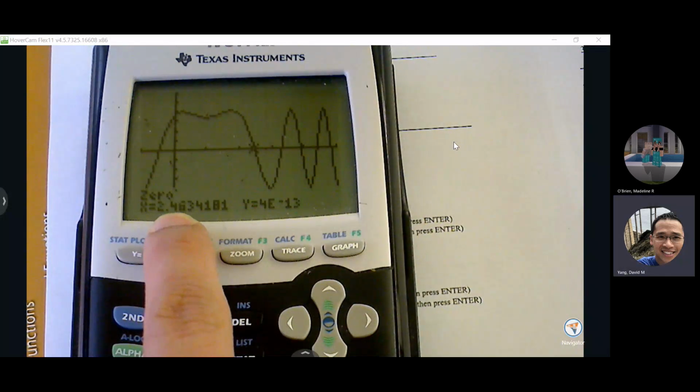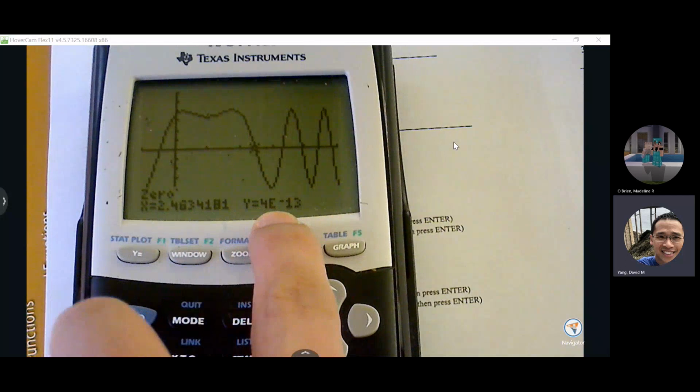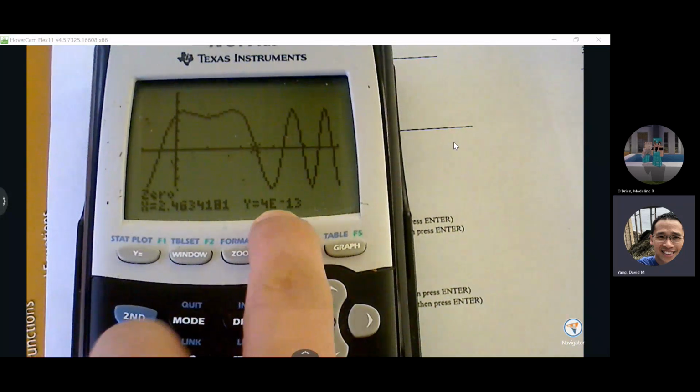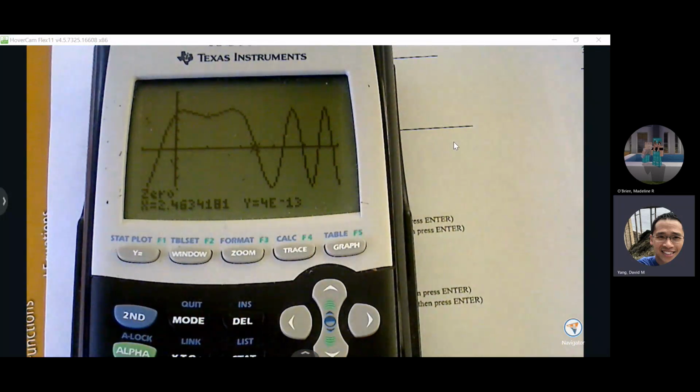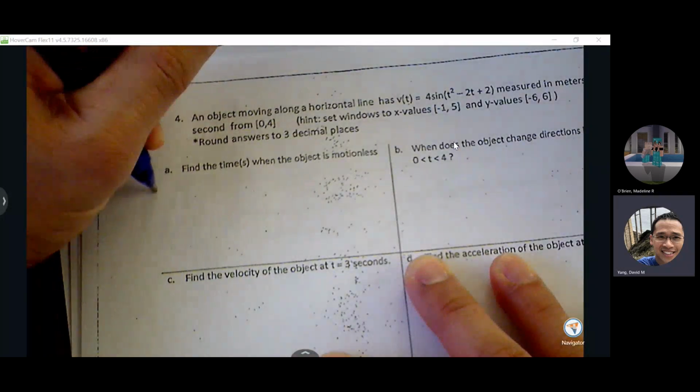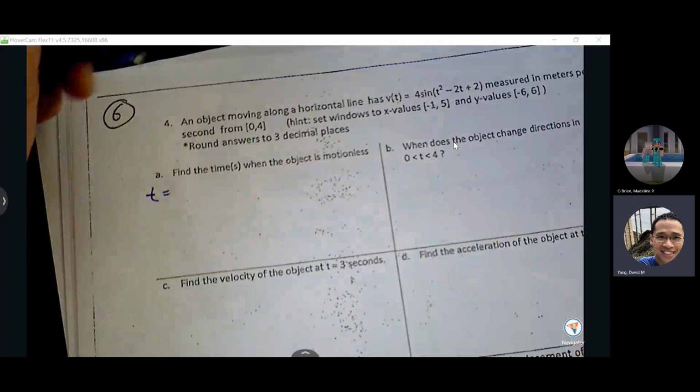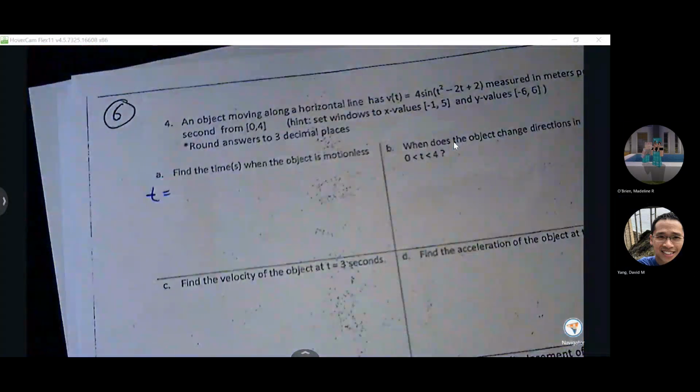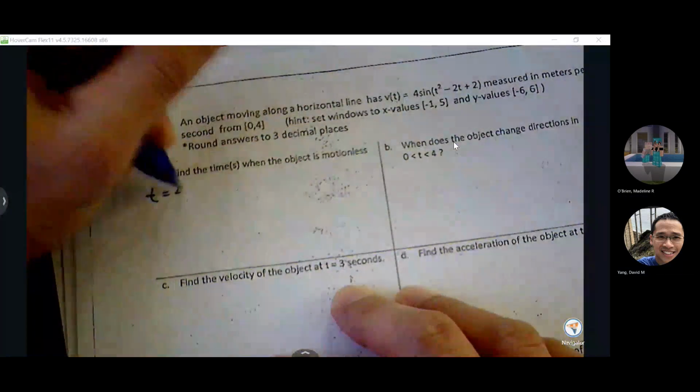Now, over here to the right, you see 4e to the negative 13. That's just basically a really, really small number. That's basically 0. So that's one of our x-intercepts. So we can say t is equal to 2.463.